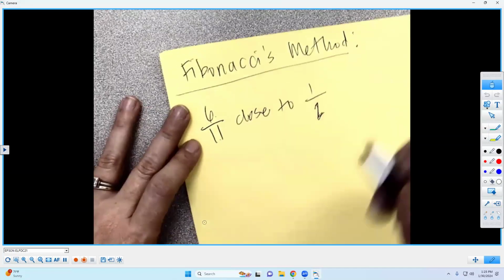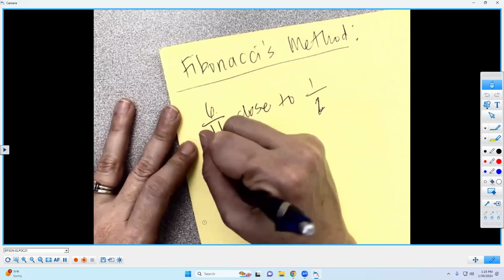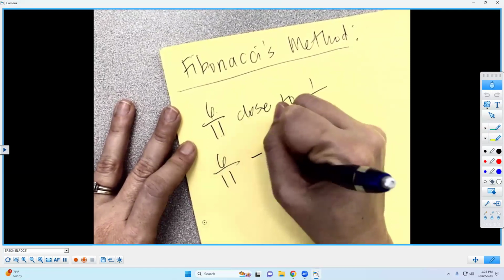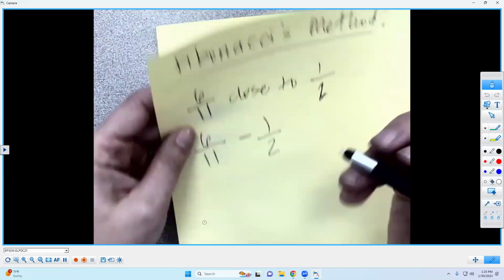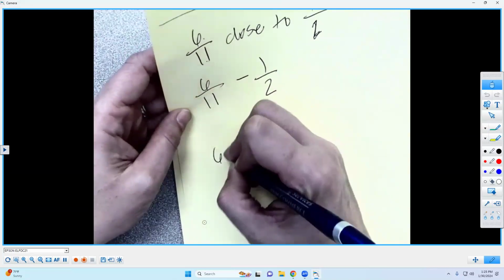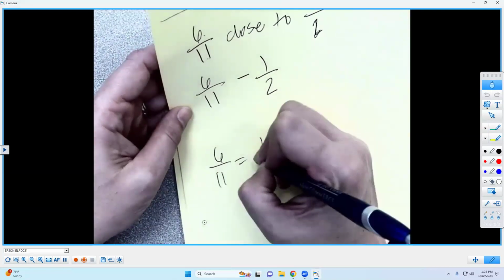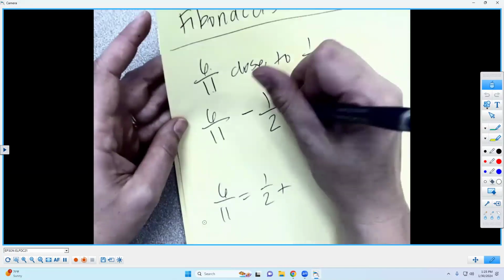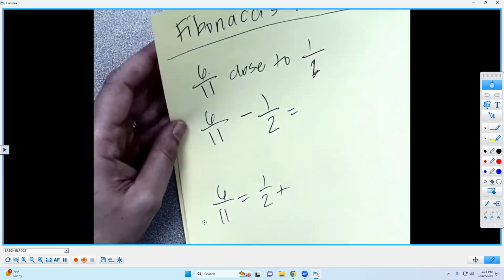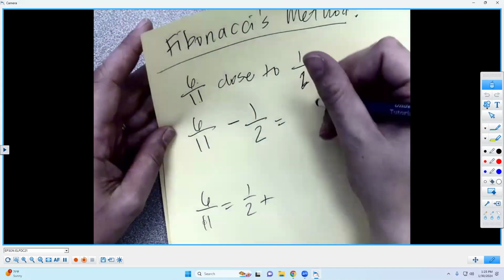So Fibonacci's method says, take your fraction of 6/11, subtract off a half. And the reason why I subtract off the half is because that tells me later on my answer is going to be 6/11 equals 1/2 plus the leftover here. When I subtract off, I've got to get a common denominator, or do it in your calculator. I don't care how you do it.